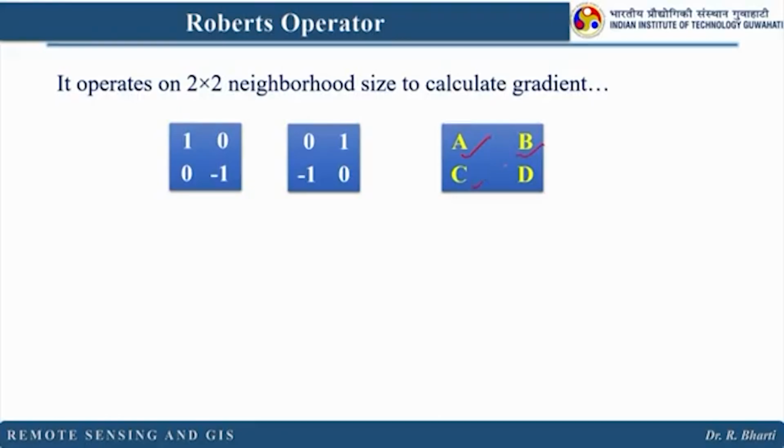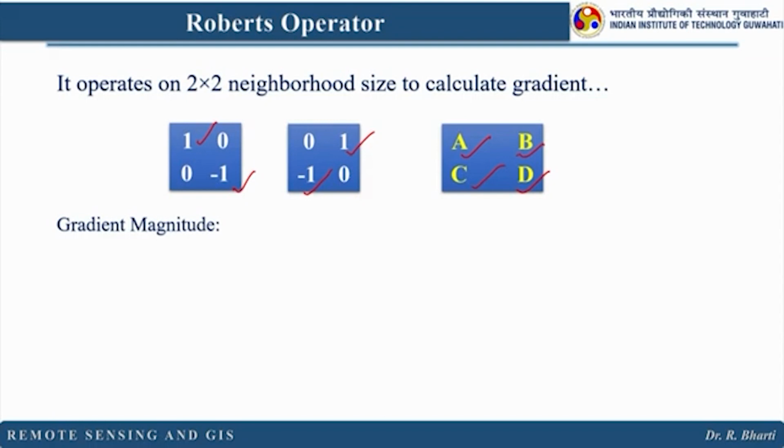So here A, B, C, D are the image pixels, right. And here we have this Roberts operator where in the diagonal direction it is 1 and minus 1. Again here it is 1 and minus 1. So this is the diagonal gradient, right.